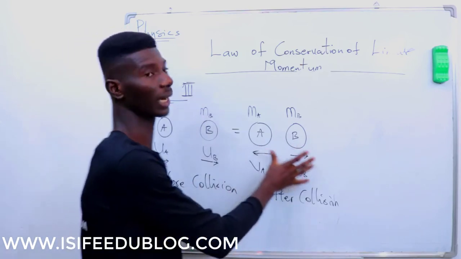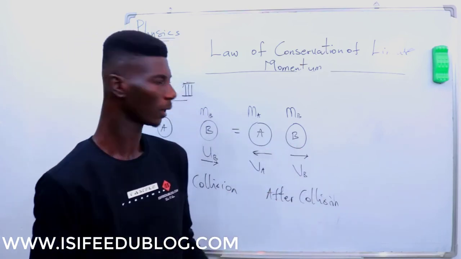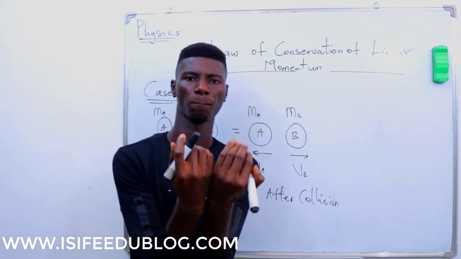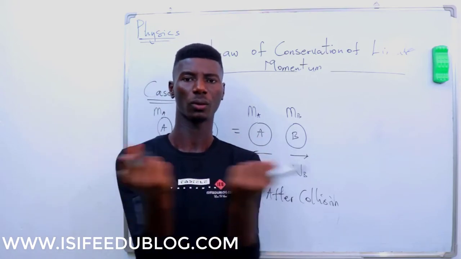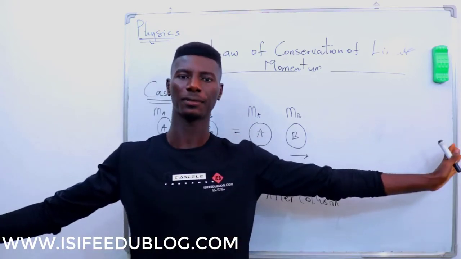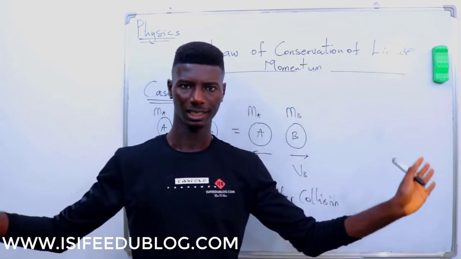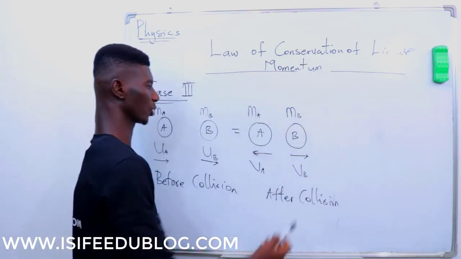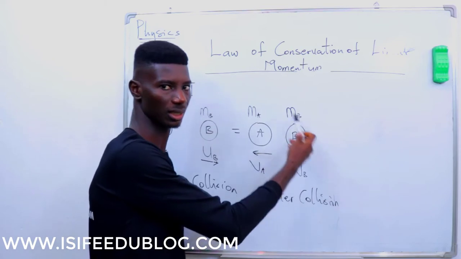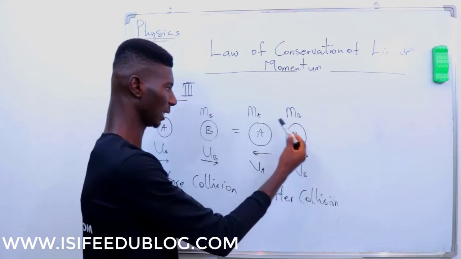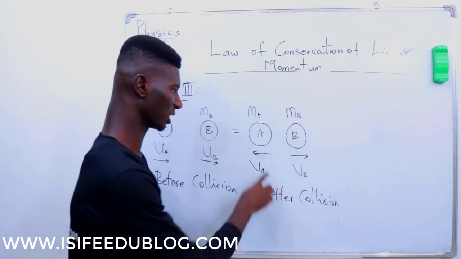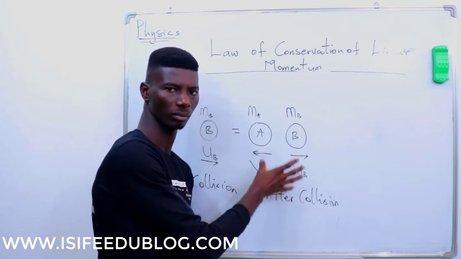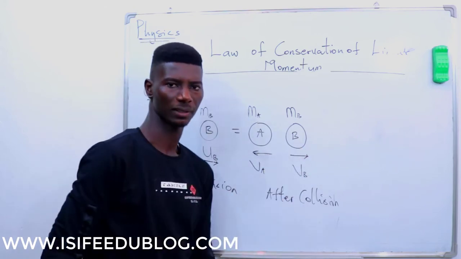Now, when they collide, it is possible for two objects to collide. You can watch two cars. When they collide and fall in different directions, apart. So that means that elastic collision is still occurring here. Elastic collision. But now what changes is the direction, the direction after the effect of the collision.